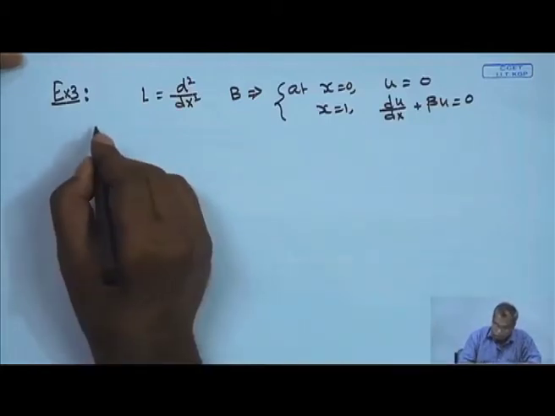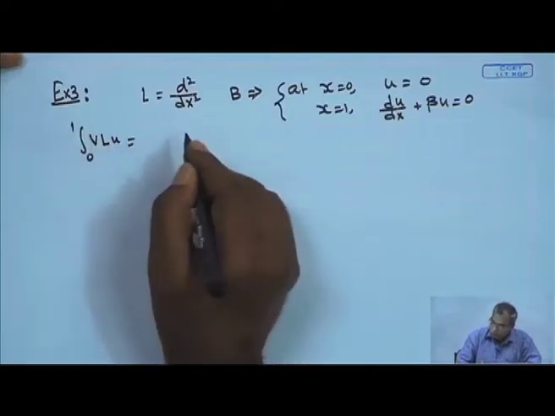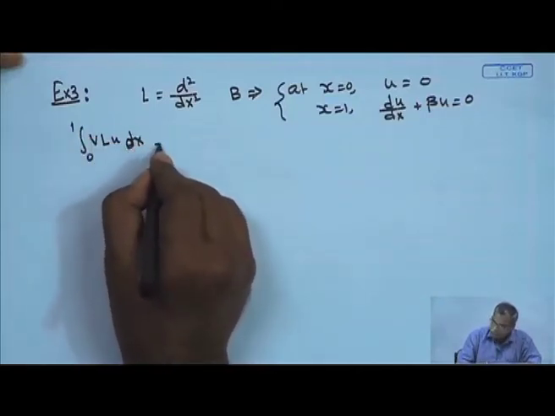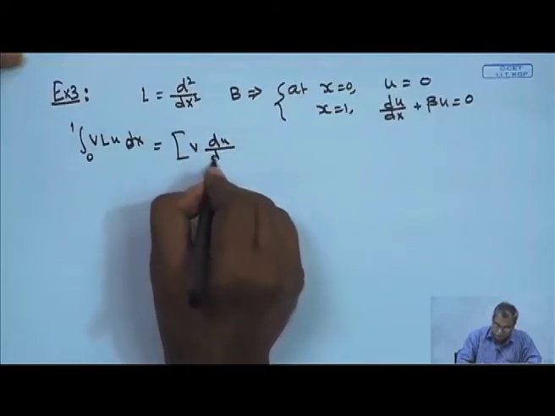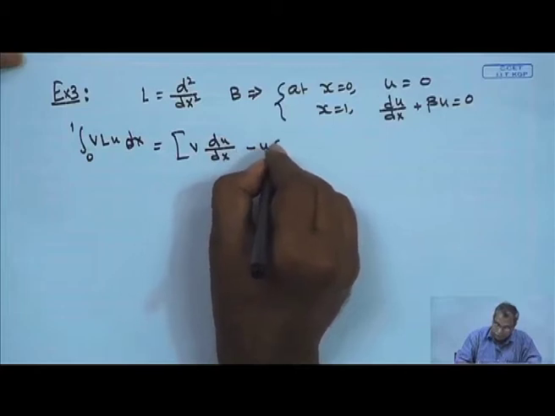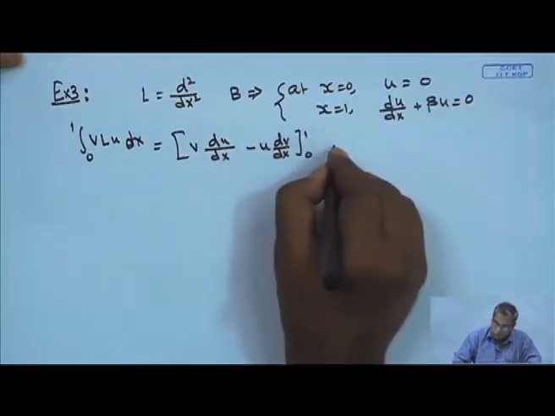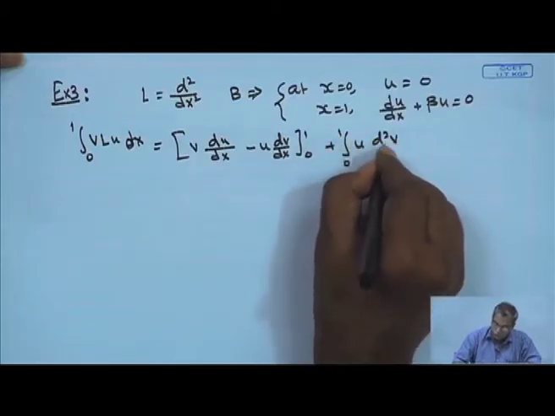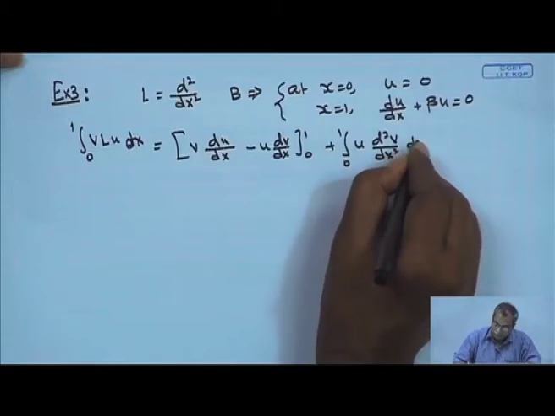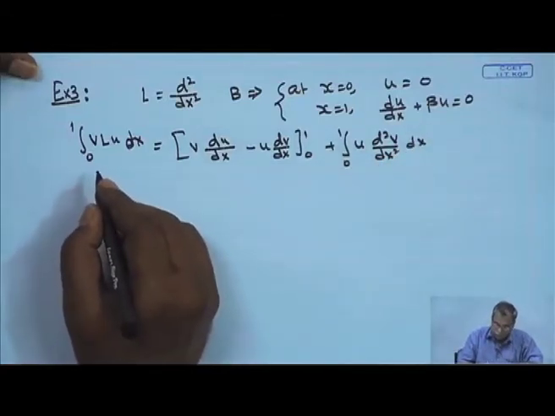Now, again let us look into the integral of v times L u from 0 to 1 dx. So, this will have, let us look into this form, v du/dx minus u dv/dx from 0 to 1 plus u d square v/dx square dx. Now, we evaluate the bilinear concomitant term.